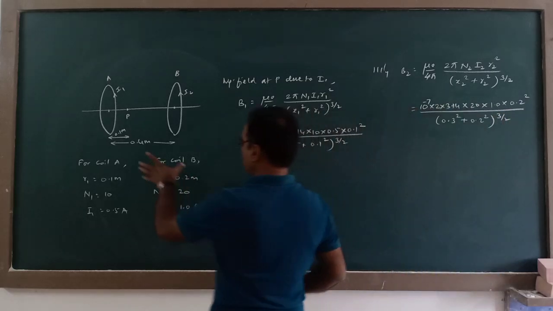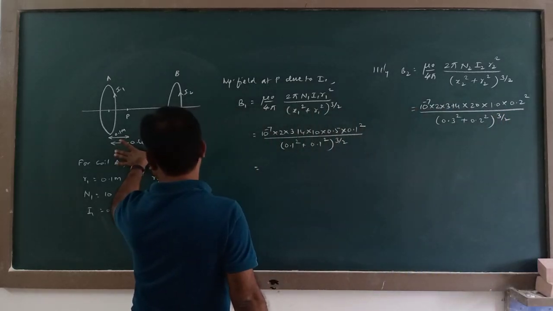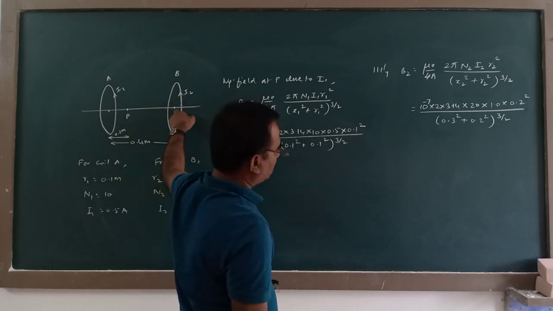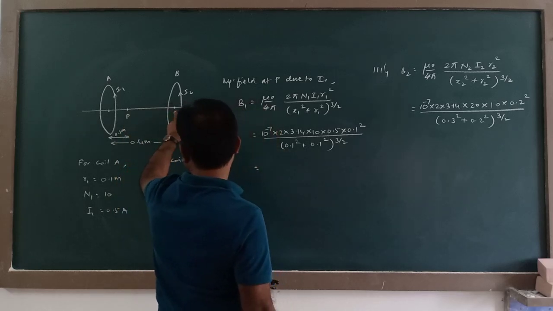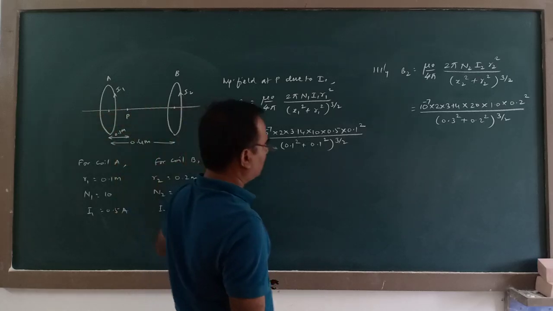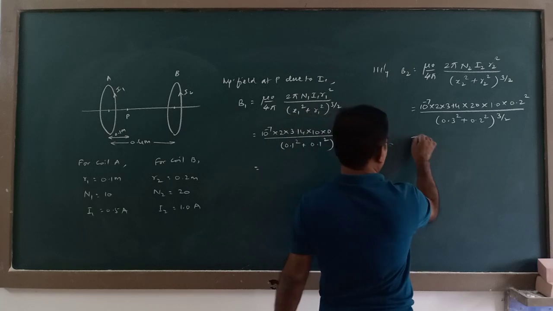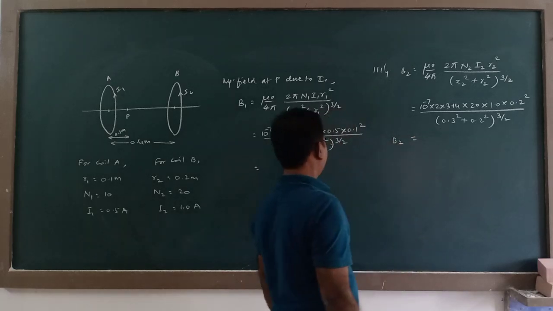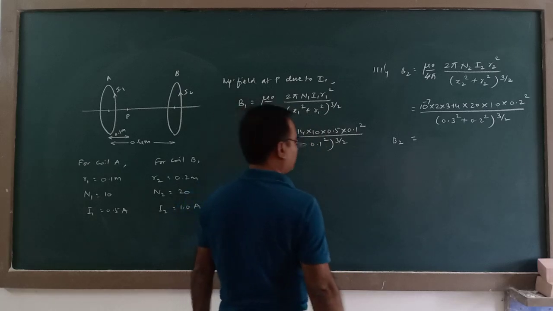See, this total distance is 0.4. The distance of the point P from the second coil is 0.3, because out of this 0.4, if this is 0.1, the remaining will become 0.3. So you do this calculation, B2.